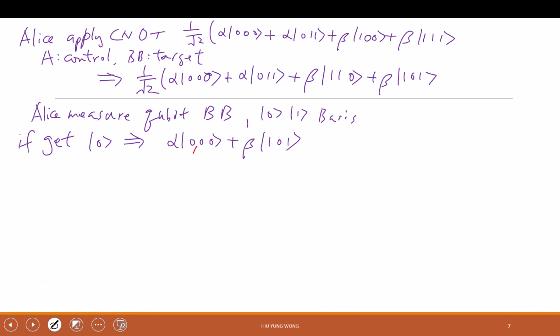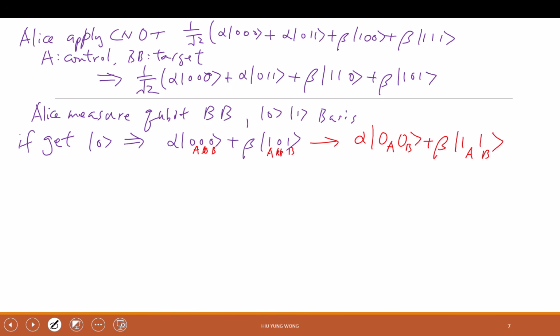This is A, BB, B, A, BB, B, right? It's just the same as alpha 0A 0B plus beta 1A 1B. Are you okay? I just take away BB because I can factorize it. Make sense?